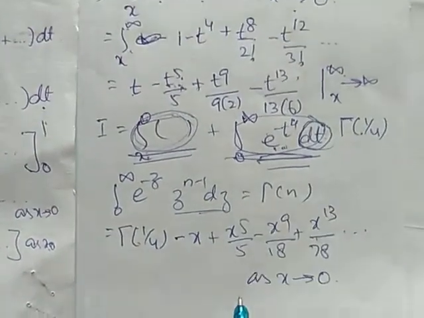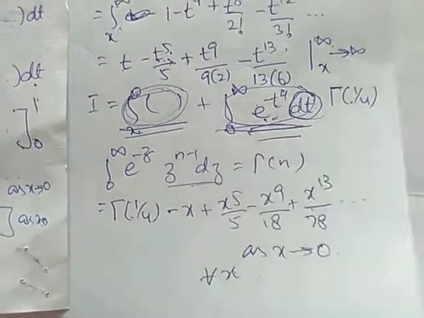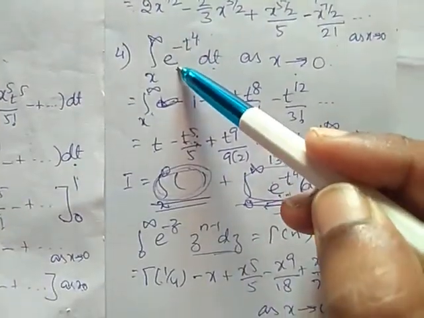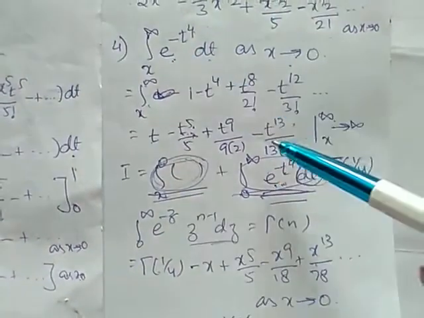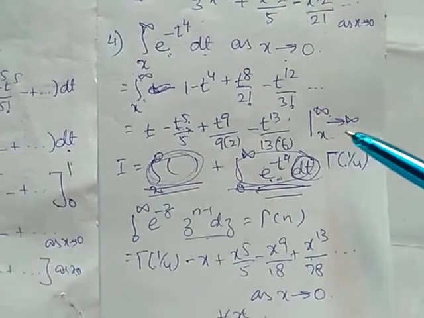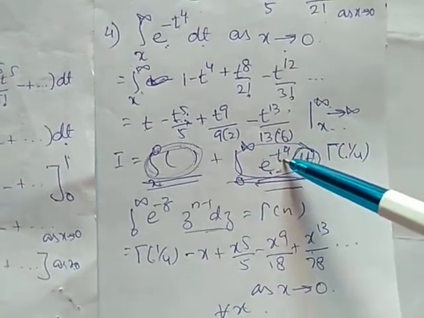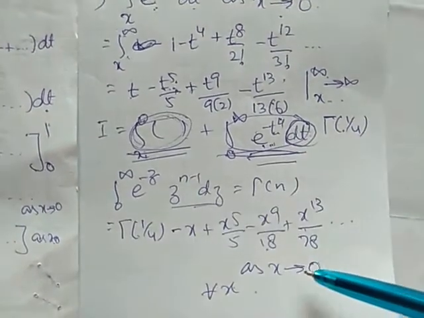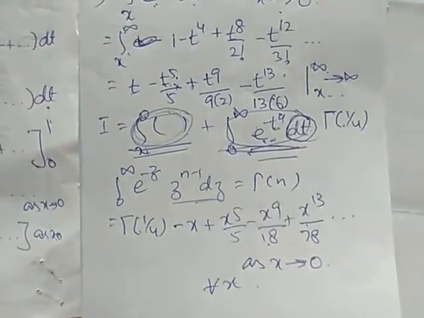This converges for all values of x. So the same integral, when we integrate directly, is divergent. When we split the integral, this solution exists for all values of x tending to 0.